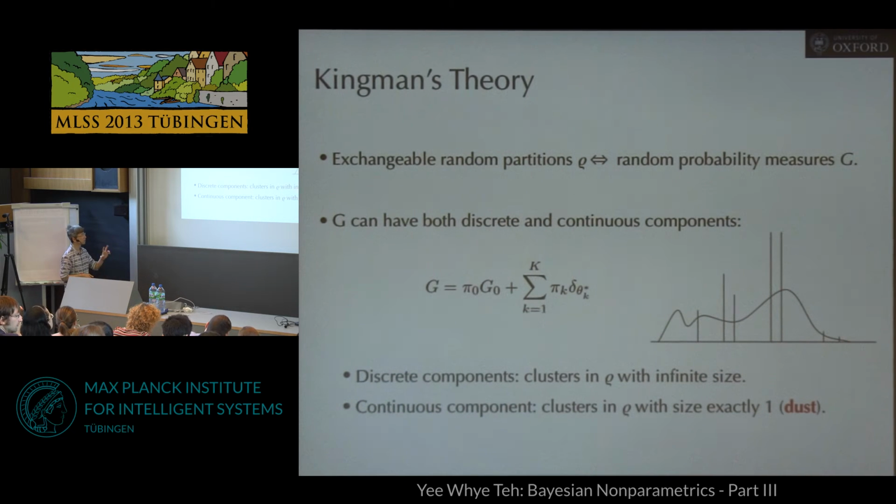Interestingly, Kingman called the clusters with size exactly 1 dust. You could have an infinite number of clusters whose sizes are all exactly 1, but they all add up to a significant, non-zero proportion of the mass in G, which is theta naught.